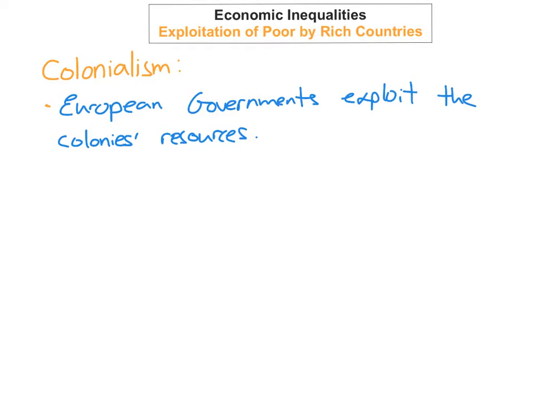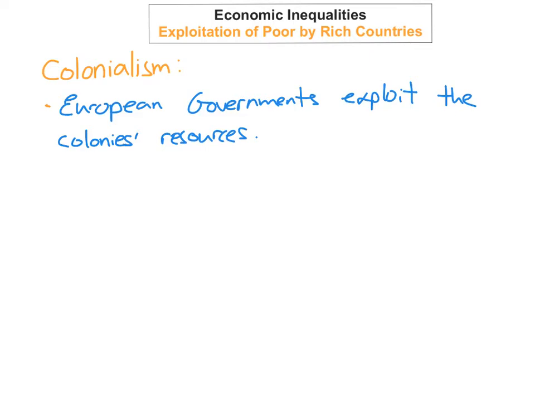So what's actually happened is the gap between the rich and the poor is actually increasing, because the rich are getting richer and the poor are getting poorer. And this division in the world is sometimes called the North and South gap. Basically, countries in the northern hemisphere are usually rich, and the countries in the southern hemisphere, apart from mainly Australia and New Zealand, are poor.